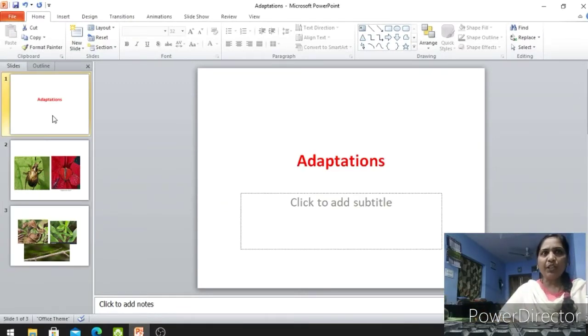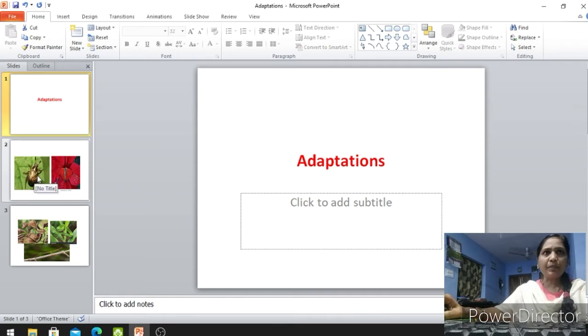So you learned about habitat, children. Habitat means where animals, plants and different living organisms are living. That's known as habitat. So depending upon their habitat, depending upon their environment, the organisms living in that habitat show some special characters.